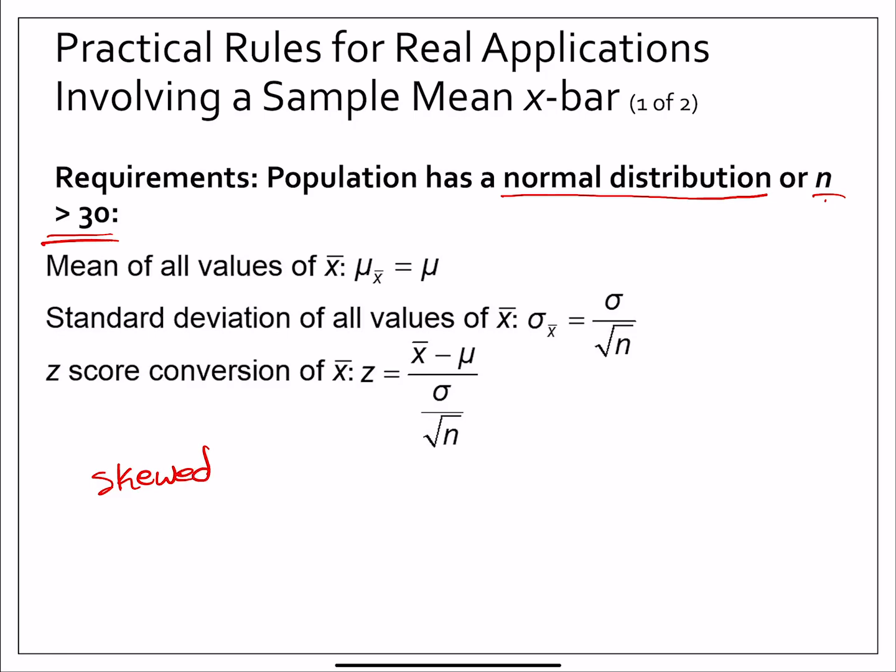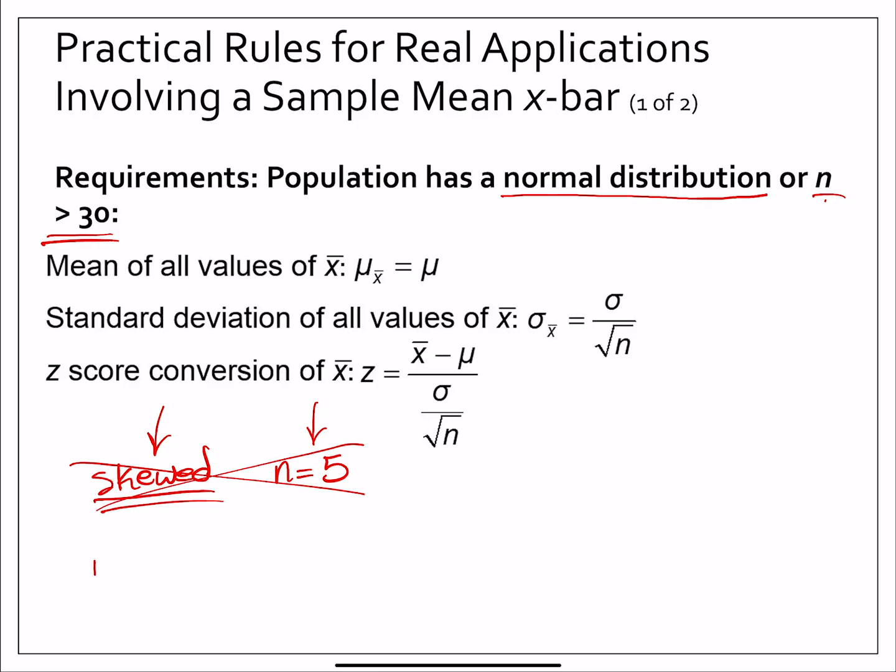So it's not normal, it's skewed, and our sample size is 5. Would that work? Think about it for a second. No, we couldn't use the central limit theorem for this example. Why? Our population is not a normal distribution, and our sample size is too small.